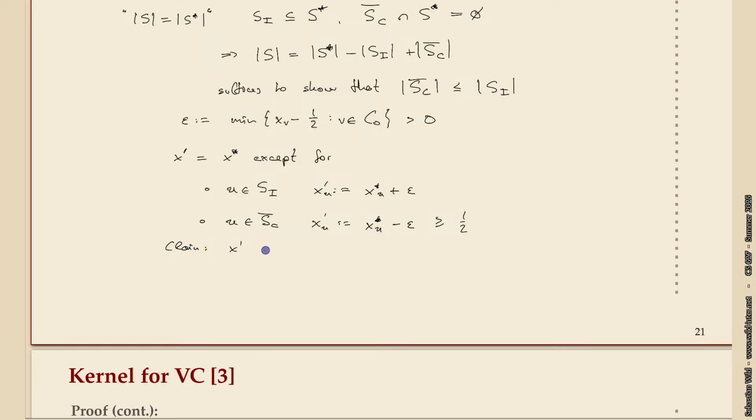And the claim is that this still fulfills the constraints. Which means we have to check that for every edge, this is true.